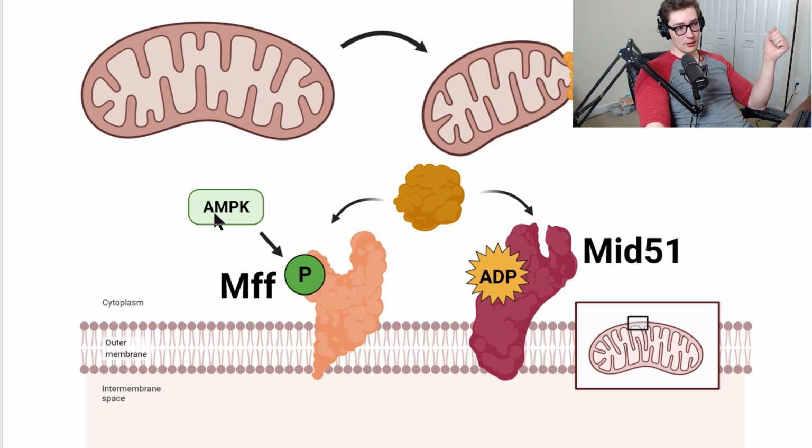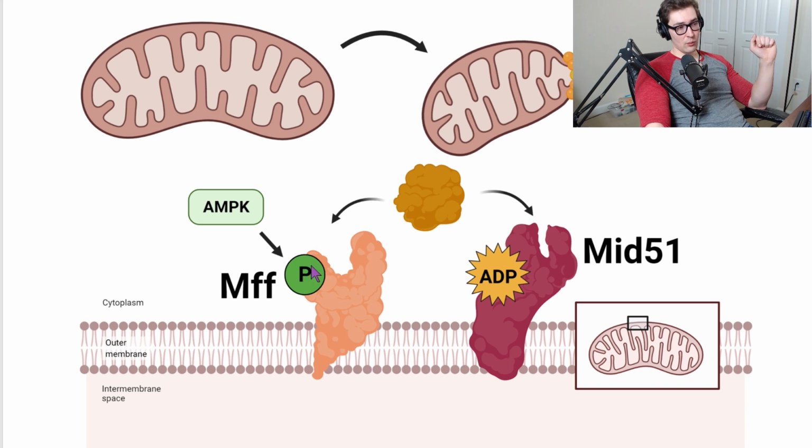As such, AMPK has an effect on all kinds of different things in the cell. I mean, it's a master protein. And from there, it also has an effect on one of the receptors that ends up interacting with DRP1. So it will phosphorylate, add a phosphate, to the MFF receptor, the protein called MFF.